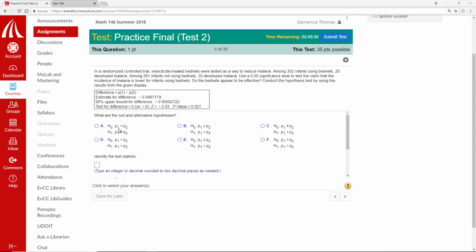I already know that the first one will be equal to, and the next one will be either greater than or less than. It all depends on which is our first population. So let me go back and read our first. What would be our first population? It says insecticide treated bed nets were tested as a way to reduce malaria. Among the 302 infants using bed nets, 20 developed malaria.